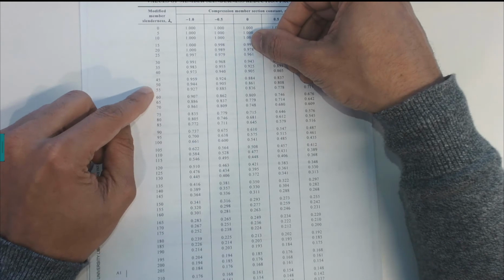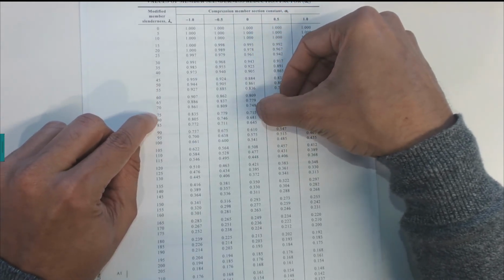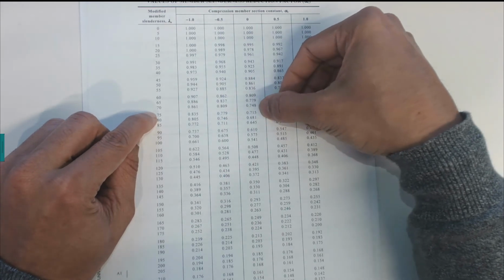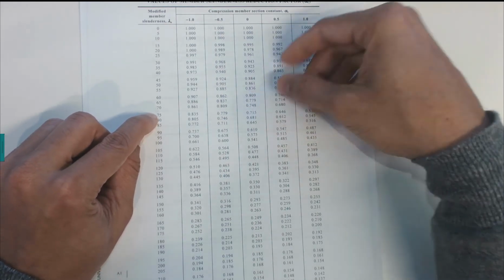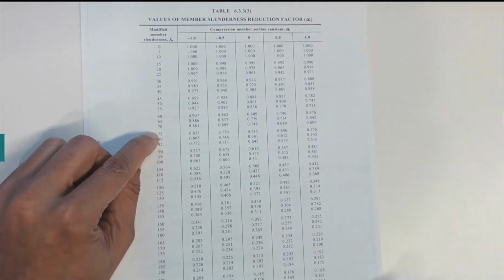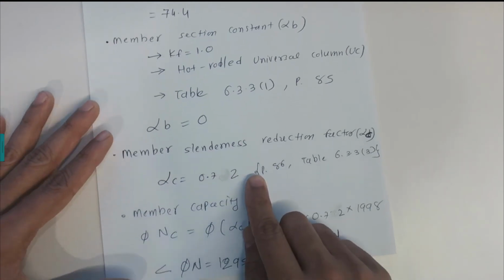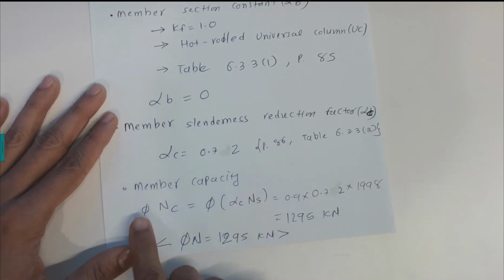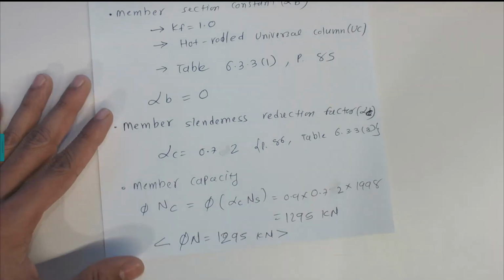We have 74.4, which is close to 75, or we can interpolate between the two, and we get 0.72 for alpha c.